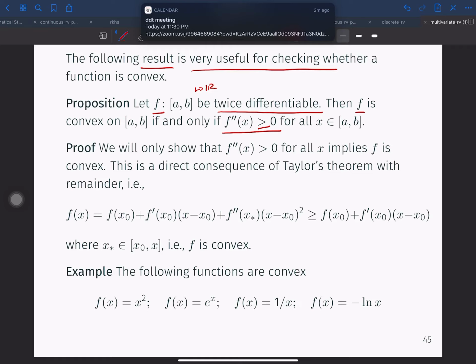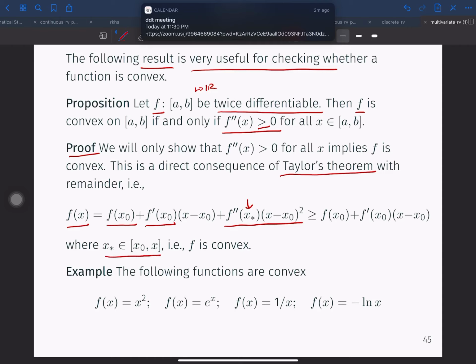The proof is basically a simple application of Taylor's theorem with the remainder term. For example, f(x) by Taylor expansion around the point x0 is f(x0) plus f'(x0)(x - x0) plus the second derivative evaluated at a point x star between x0 and x.